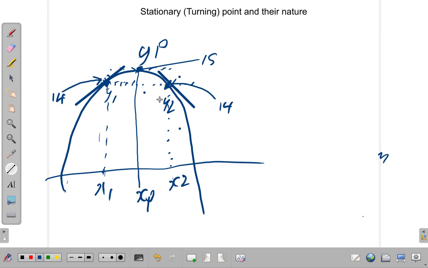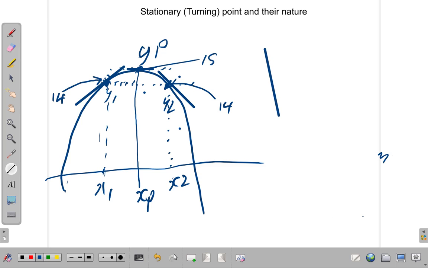Alright? Now the gradient at yp would of course be 0. So on the left is positive, on the right is negative. It means you're going up, then you get flat and then go down. So it's a maximum point there. Alright, so the nature of this point is maximum.